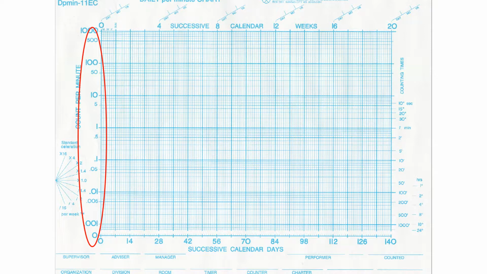So the line directly above 1 represents 2. The line directly above 10 represents 20, and the line directly above 100 represents 200. The numbers on the y-axis of this chart represent the count per minute.